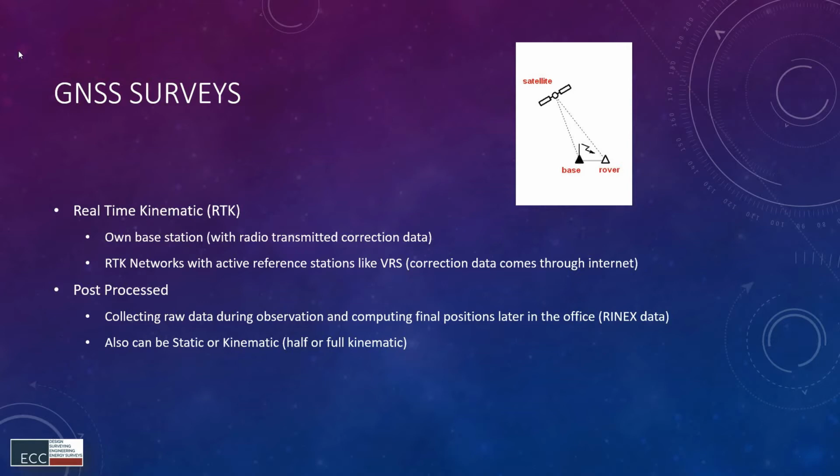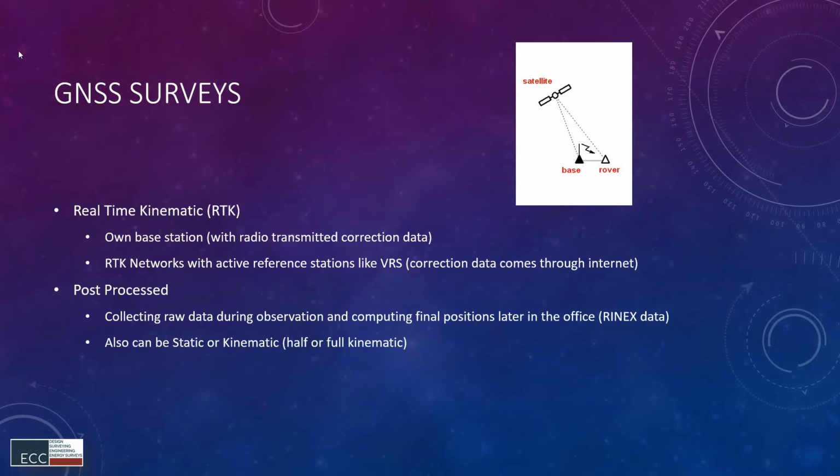So in surveying we always use this relative survey method, so we have to have a known point and put our base receiver there, or even if it's part of an RTK network, like a national network like we have in Ireland, or every country has its own, we have to have correction data in some form, and we can receive it. If we use an RTK network, we can receive it via an internet connection.